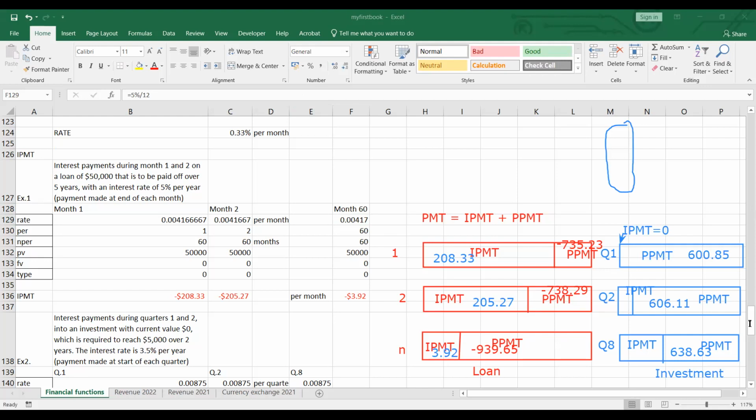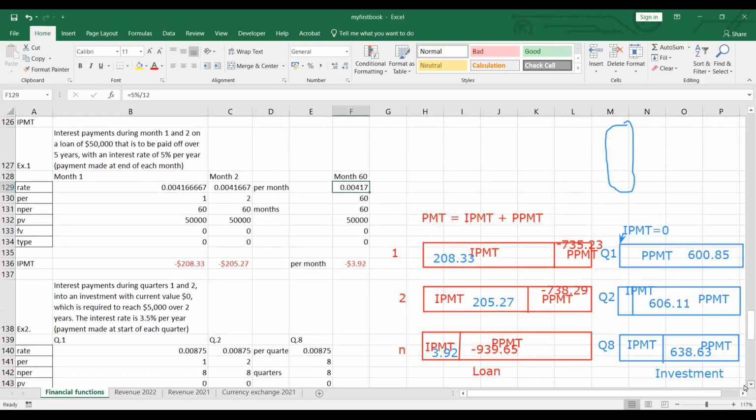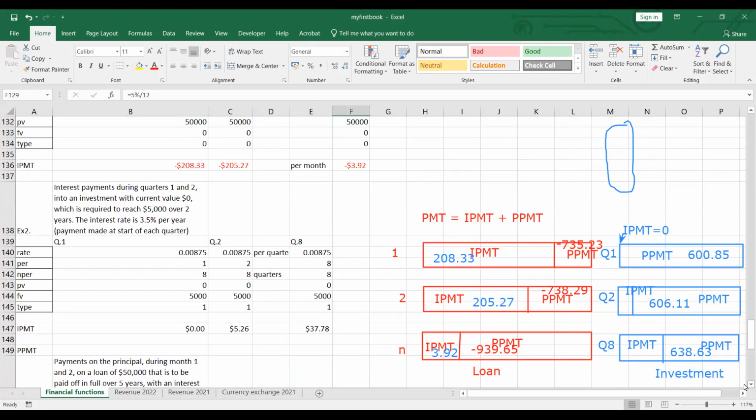In the case of example number 2, that is the investment, right? Let me write down the information. Quarter 1 IPMT is 0. Quarter 2 it's 526.